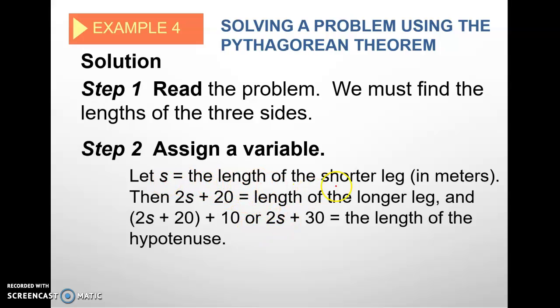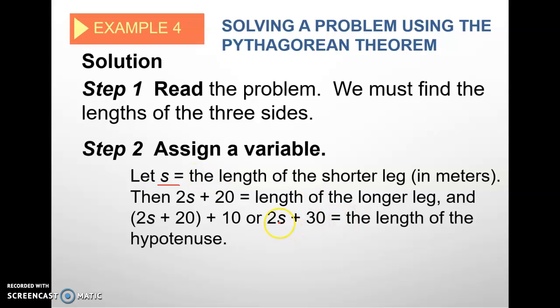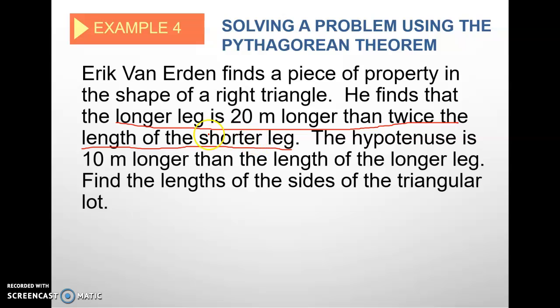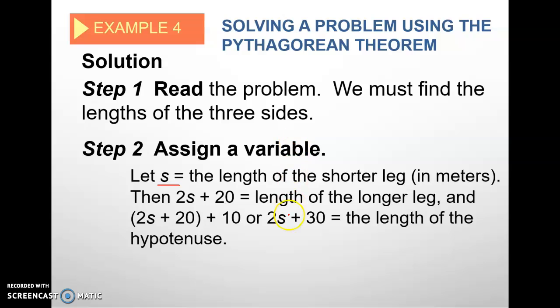So if we represent the shorter leg as s, in meters, then the longer leg is 20 meters longer than twice the length of the shorter. Twice the length of the shorter is 2s, and 20 meters longer, so we add 20.